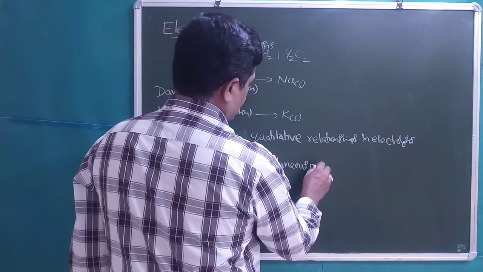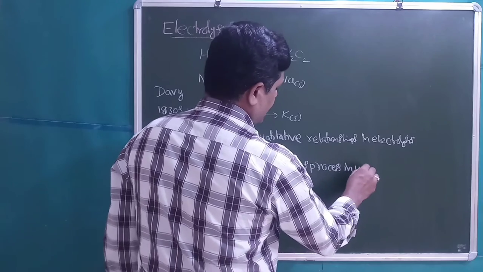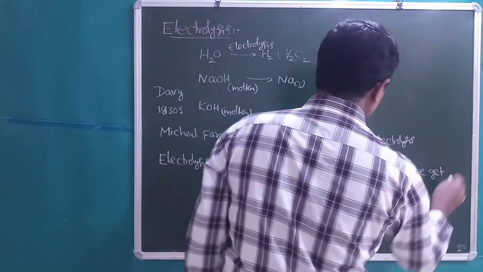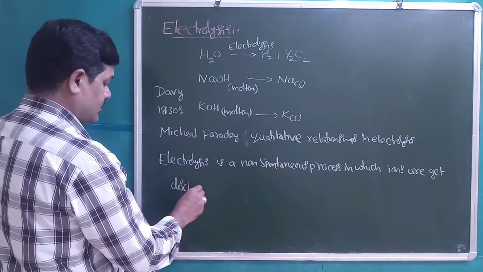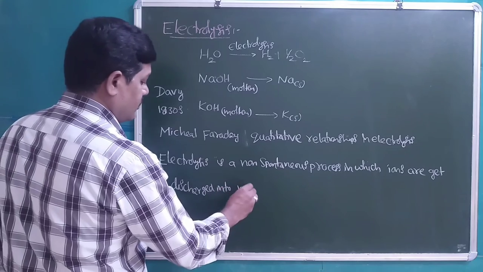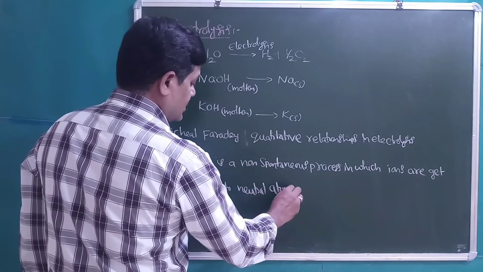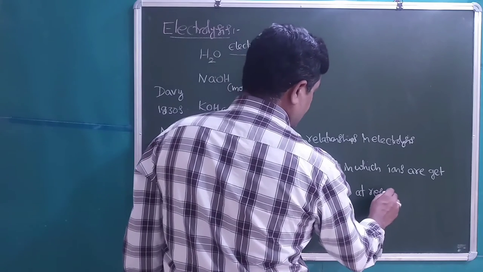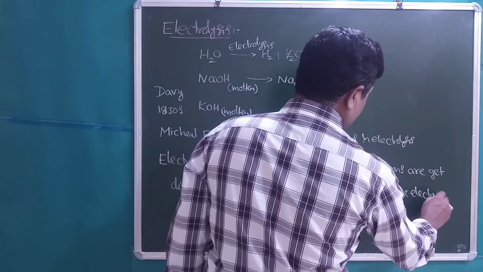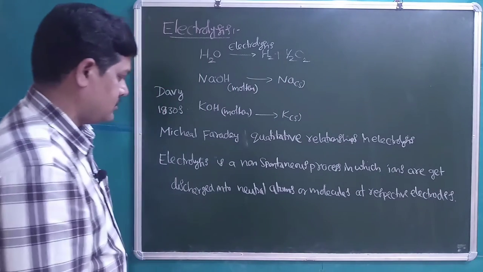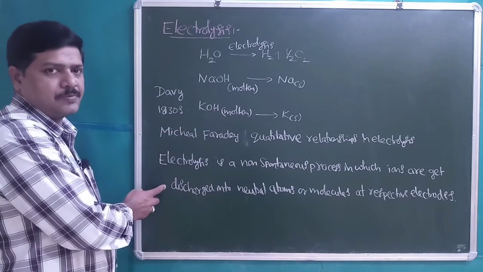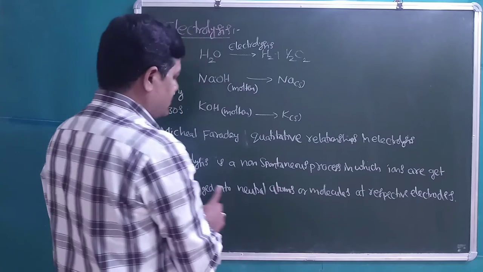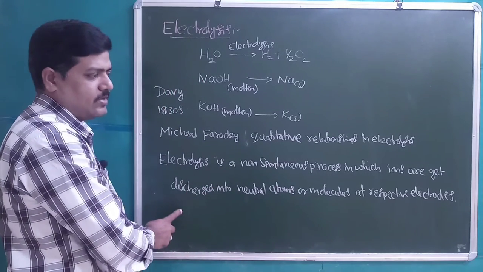Electrolysis is a non-spontaneous process in which ions get discharged into neutral atoms or molecules at respective electrodes.